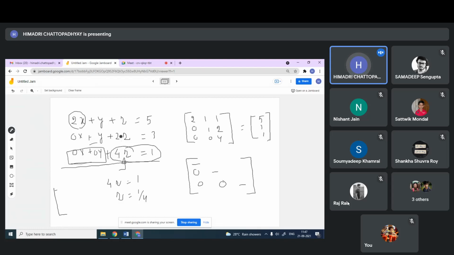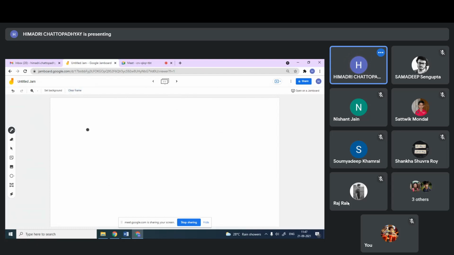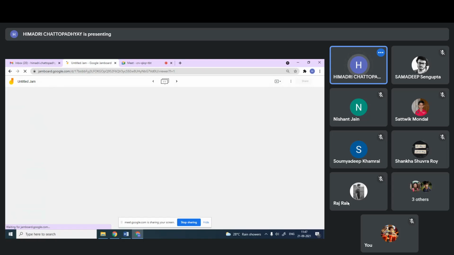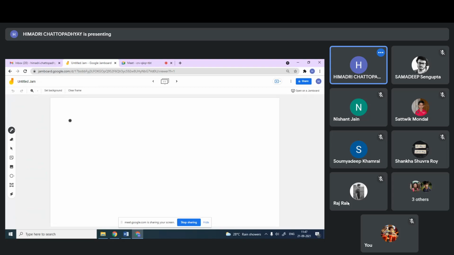So if I have something, how do I clear the screen? Clear frame, right. So if I have something like a11 x1 plus a12 x2 plus a13 x3, then a22 x2 plus a23 x3, and a33 x3 equal to b3, like this.